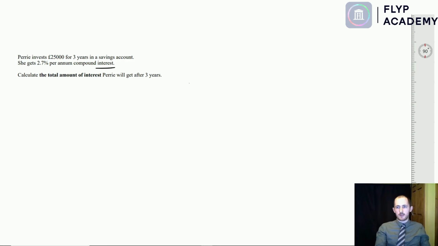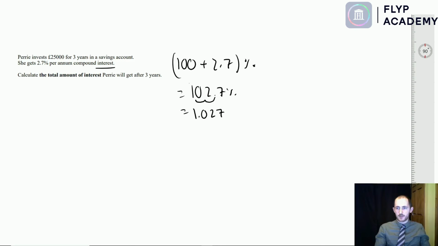So again, that's 100 plus 2.7% her money is increasing as. So that's 102.7%. That's how her money is increasing every year. To write that as a decimal, let's move the decimal point 2 spaces to the left. That's 1.027 each year.